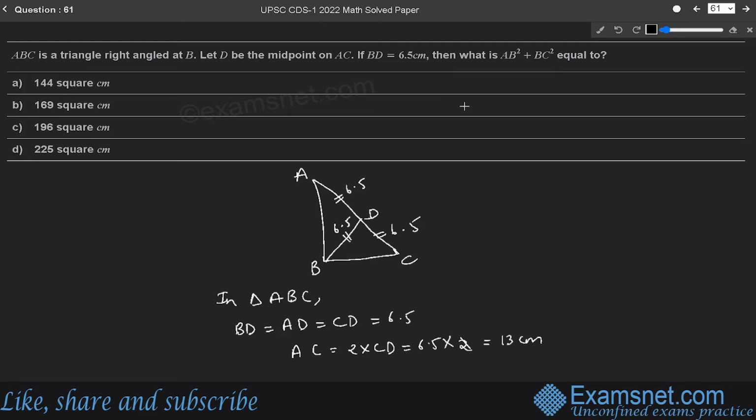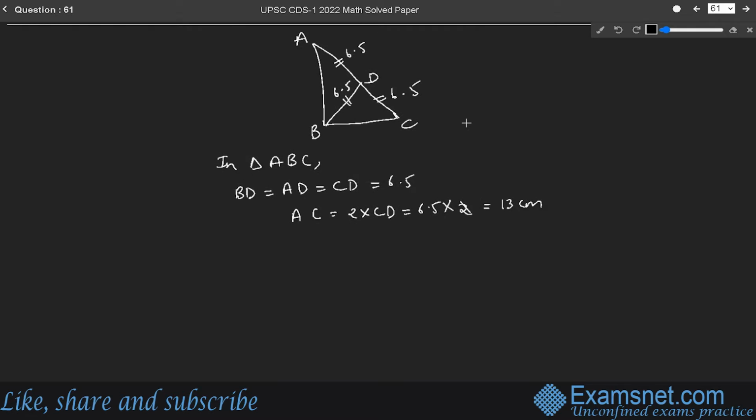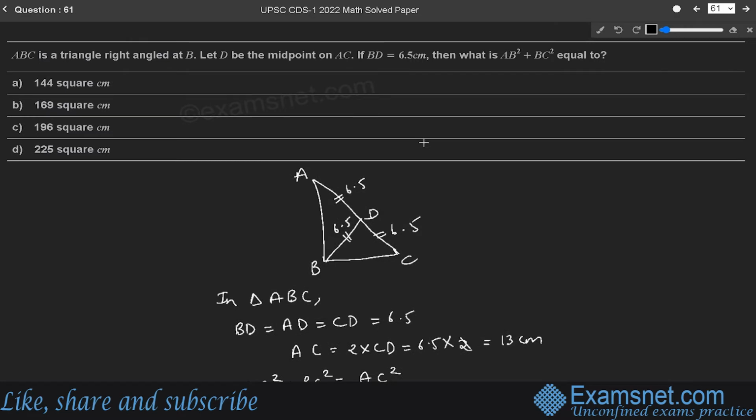Now, using the Pythagoras theorem, AB square plus BC square is equal to AC square. Putting the values, AB square plus BC square will be 13 square, which is 169 centimeter square. So the value of AB square plus BC square is 169 square centimeter, which is option B.